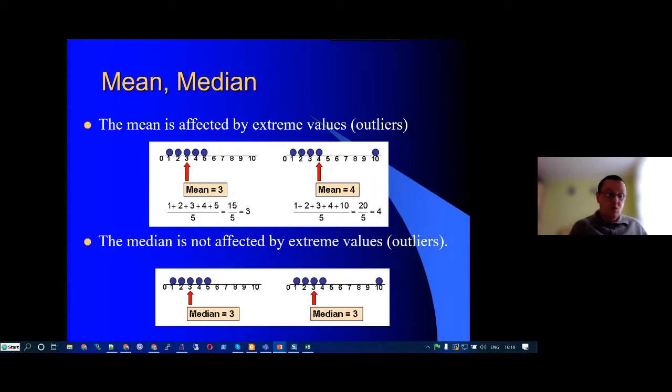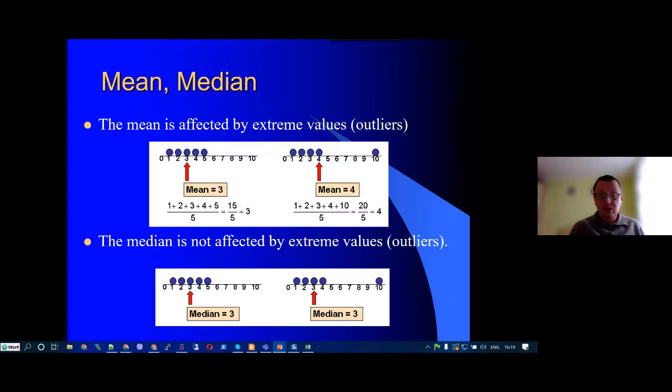So why do we need several central tendency assessments? Because it is possible that they could be affected by extreme values or outliers. And here is an example of how easily the mean or average could be affected and changed when we add only a single value, which is an outlier. So we move 1 from 5 to 10, and we got absolutely another average for our sample.